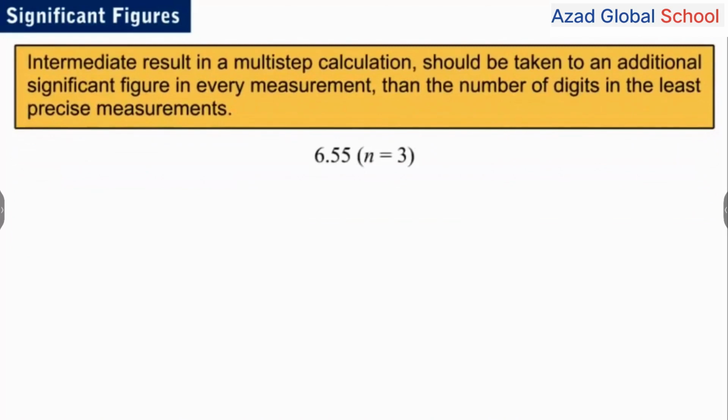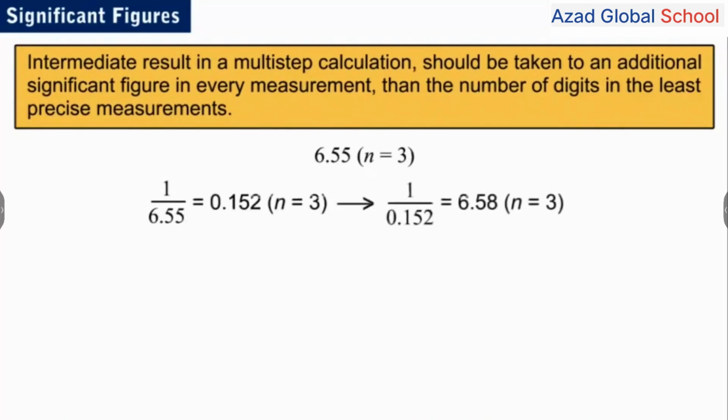Consider a number, say 6.55. The reciprocal of 6.55 taken to the same number of significant digits, that is 3, is 0.152. However, the reciprocal of 0.152 is 6.58, which does not match the original data we had.